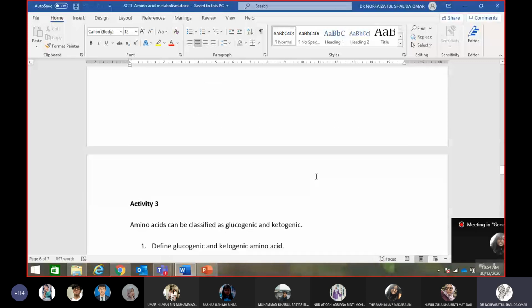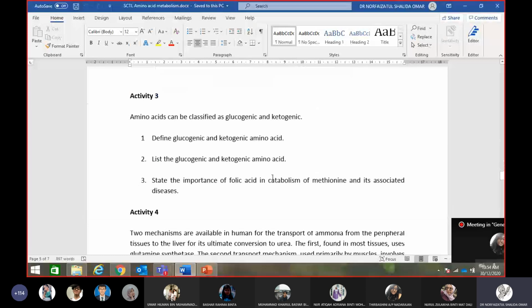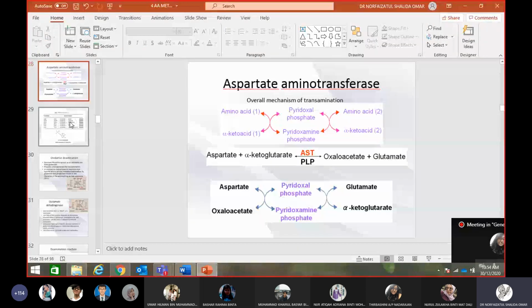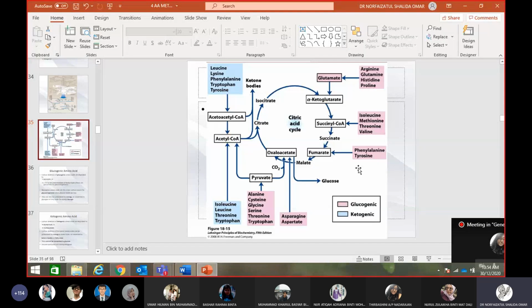Any question on transamination and oxidative deamination? That's basically the enzyme reactions involved. Like I mentioned just now, you have glucogenic and ketogenic amino acids. Some are both glucogenic and ketogenic, but leucine and lysine are strictly ketogenic.